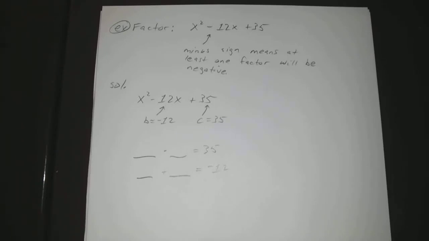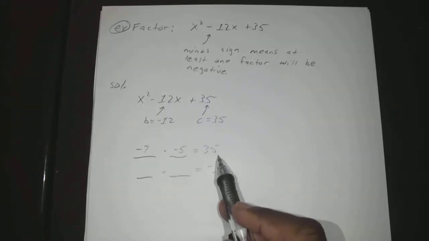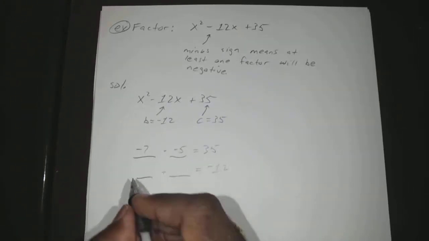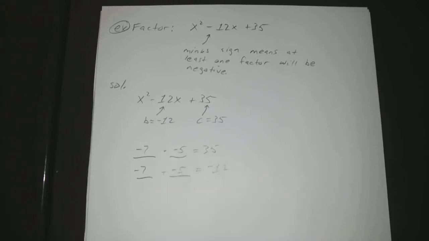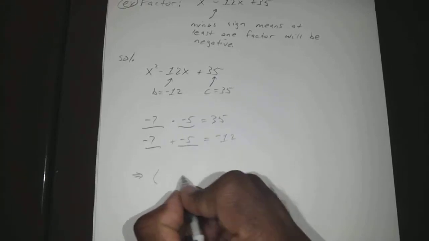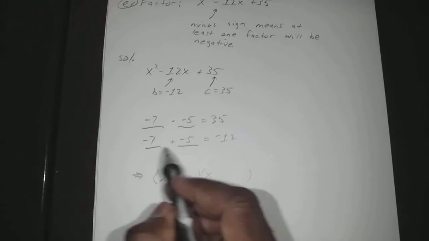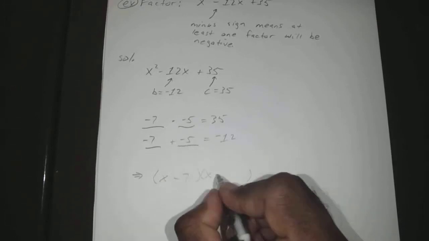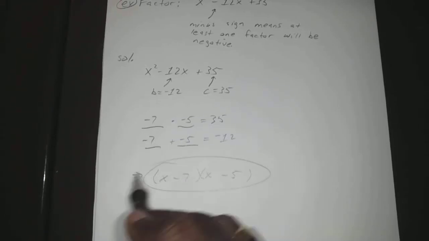Negative 7 times negative 5 gives you positive 35, and negative 7 plus negative 5 gives you negative 12. So all you have to do is plug in those two answers. You know it's going to be x and x here, so it'll be x minus 7 and x minus 5. That's your answer, and you're all done.